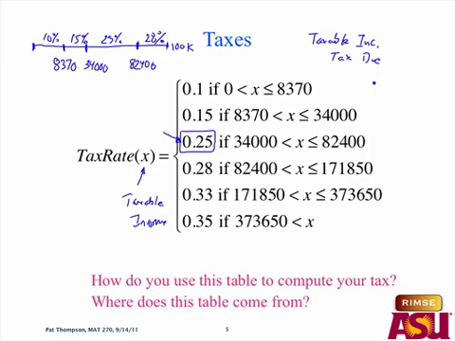Right, so income's the input. Which is the lesser value? We've got a rate less than 1. Tax due. Tax due is 0.25 of taxable income. So these are rates of change of tax due with respect to taxable income.